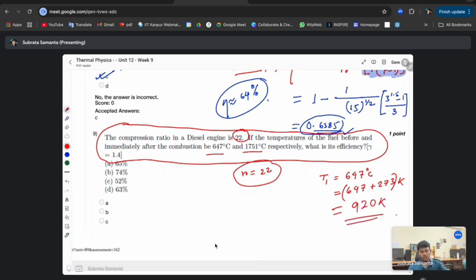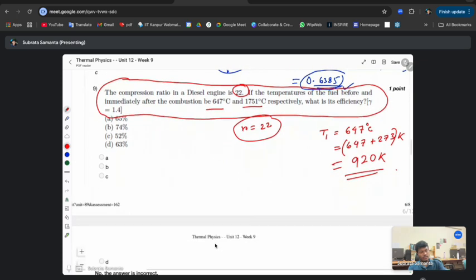And your T2 is what value? 1751, right? So 1751 plus 273, this is the Kelvin. 1751 plus 273 is basically 2024 Kelvin.